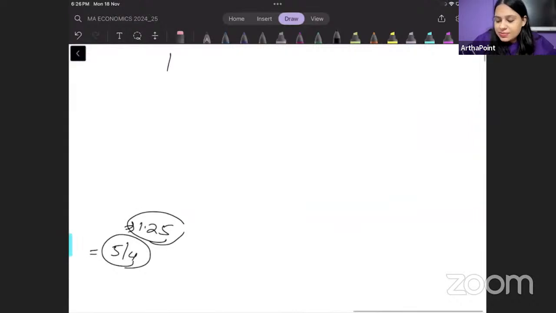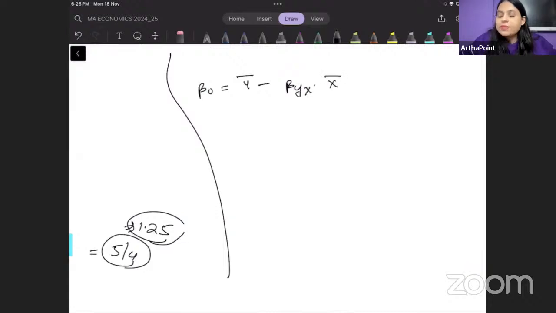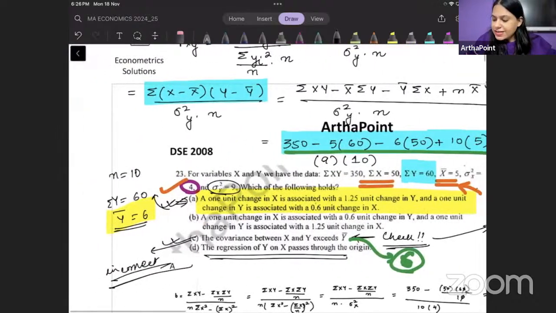So what is my intercept term? What is beta naught? It is y bar minus byx x bar. Y bar is 6 minus 1.25 into 5. Isn't it? Mean of x is 5. Mean of y is 6.